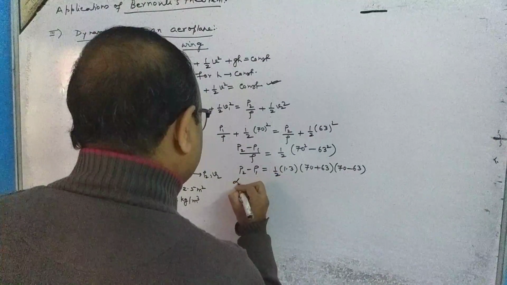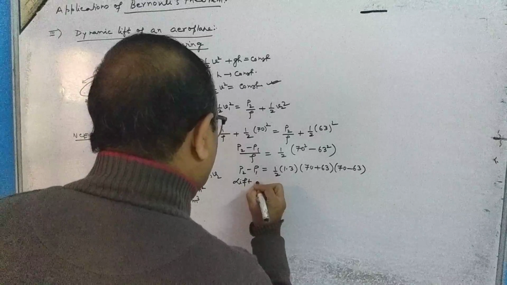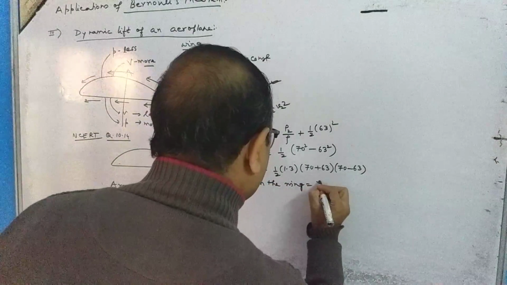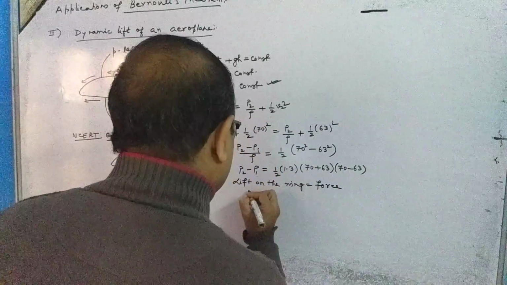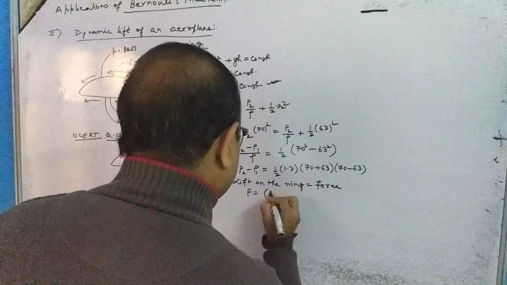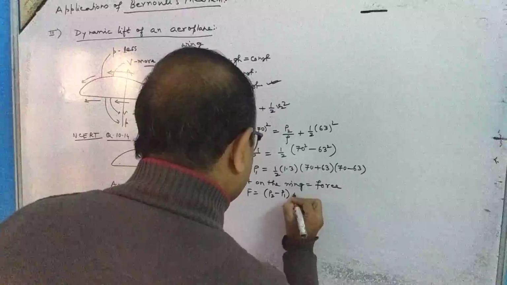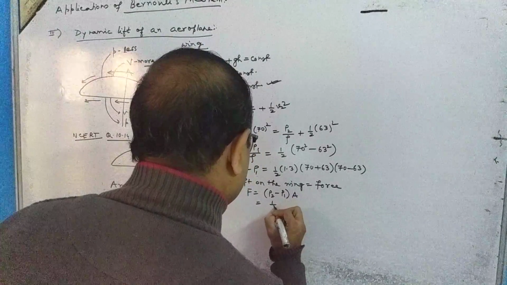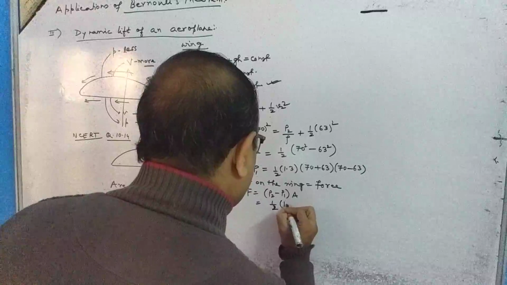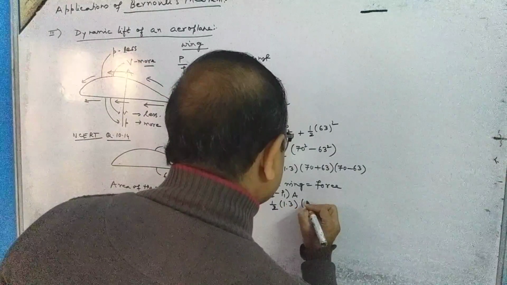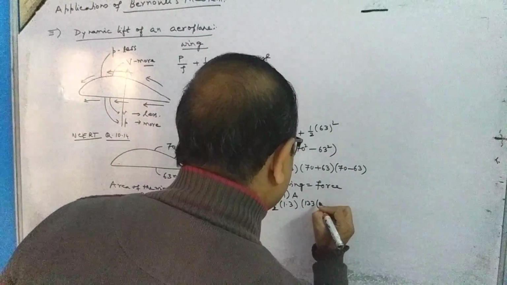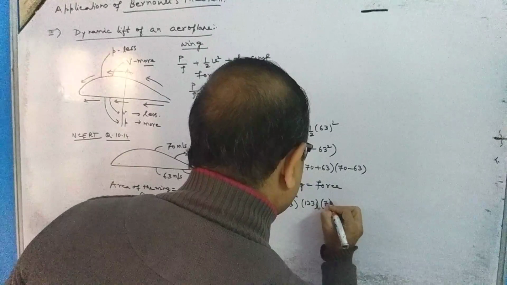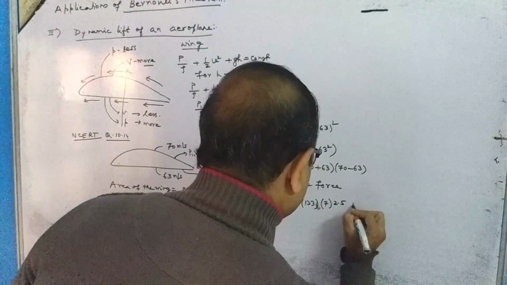Okay, lift on the wing, that is the force. F equal to P2 minus P1 into A. And very simple, half 1.3, here it is 133 into 7 into 2.5, this much Newton.